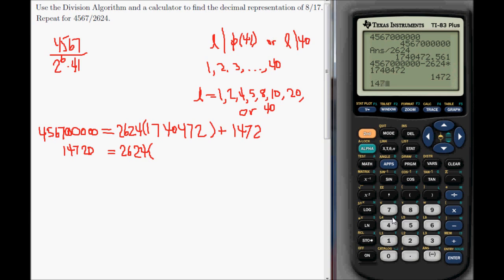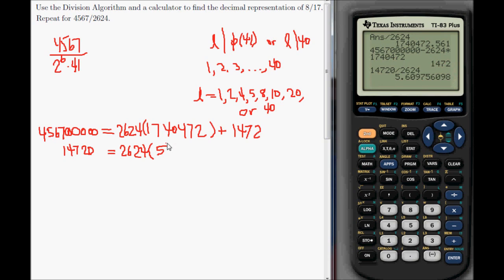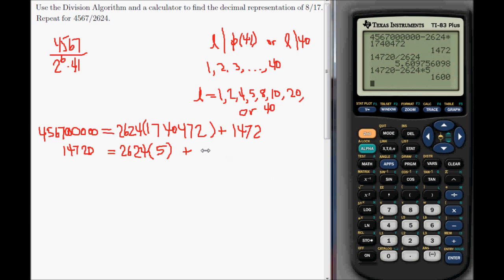So 14720 divided by 2,624 is 5, with the remainder of 1,600.